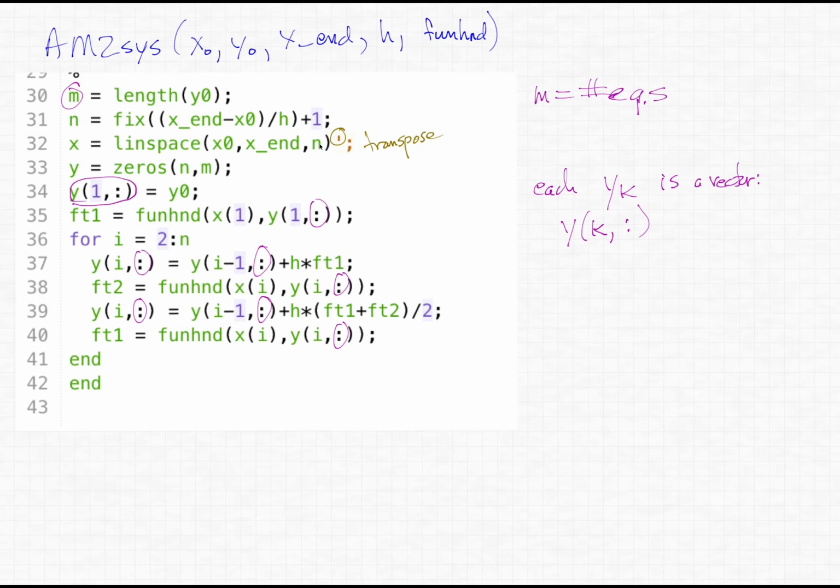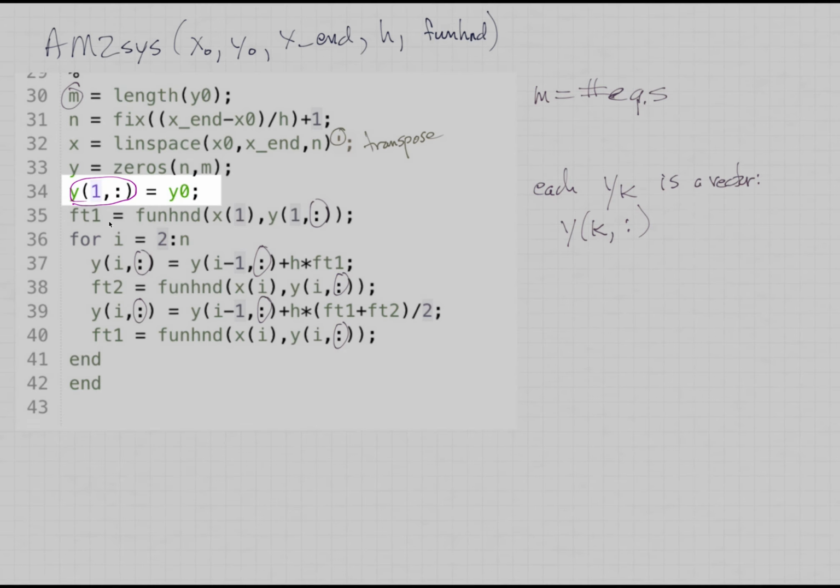So here's the AM. This is the business part of the AM2sys function. Notice that I modified this line of code because now the y values are vectors. The first index tells you the time index, and the second entries are going to be the indices for the different y values.